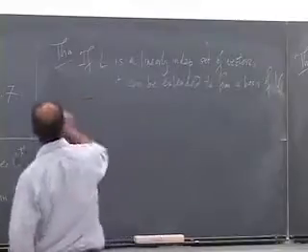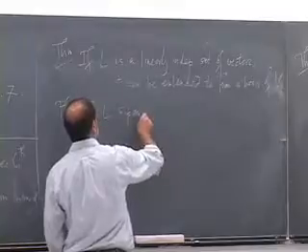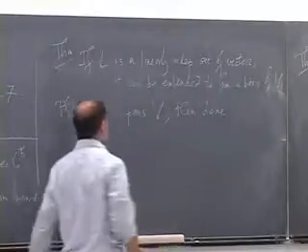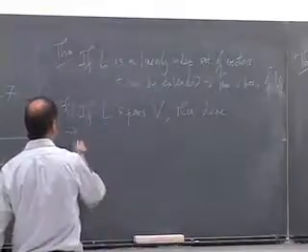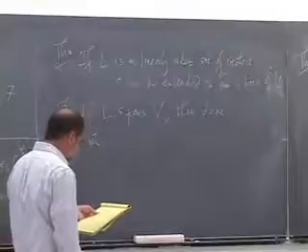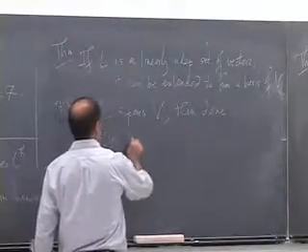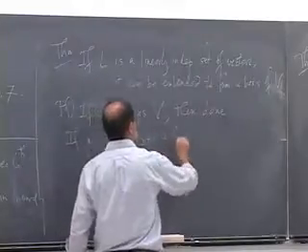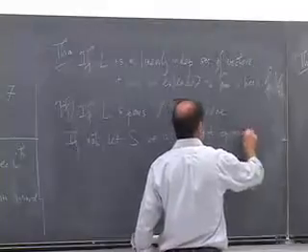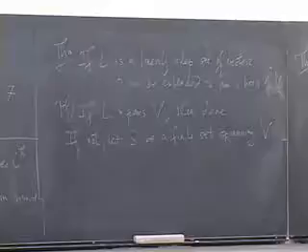Okay, so a proof. If L spans V, then we're done, because it's a basis. If not, let S be a finite set spanning V. Since V is finite dimensional, there is some finite set that spans it.